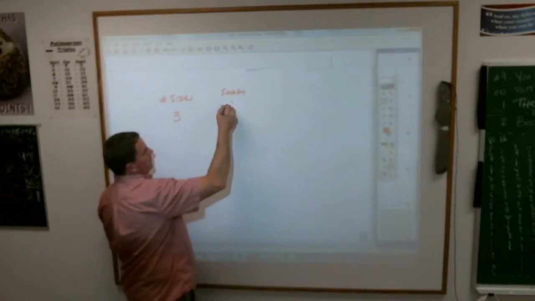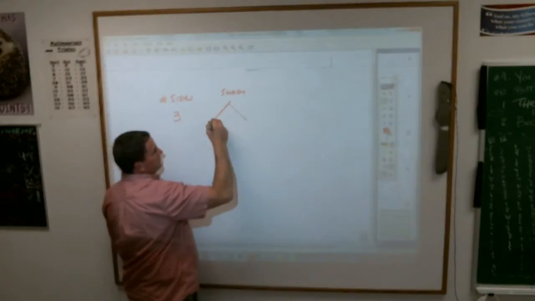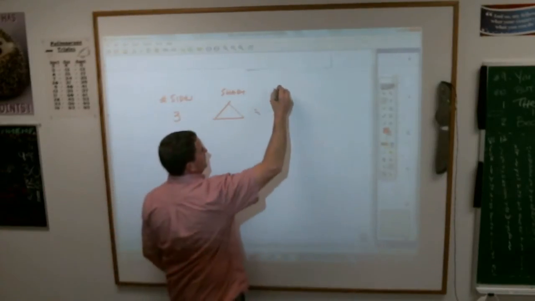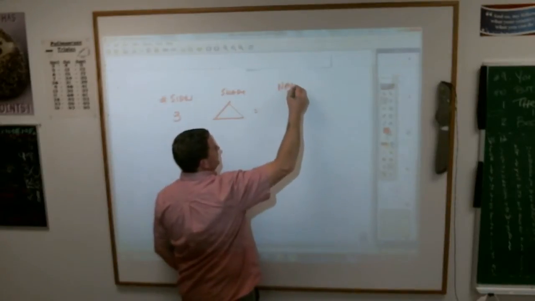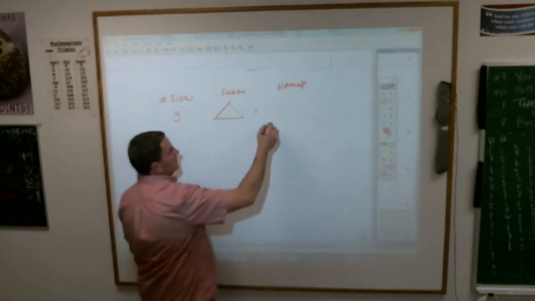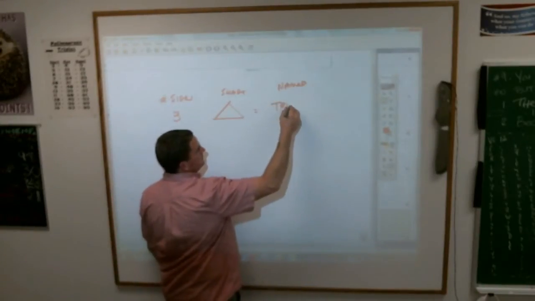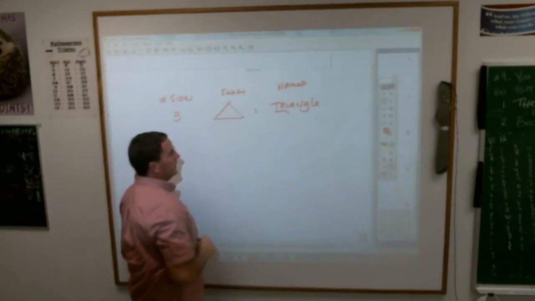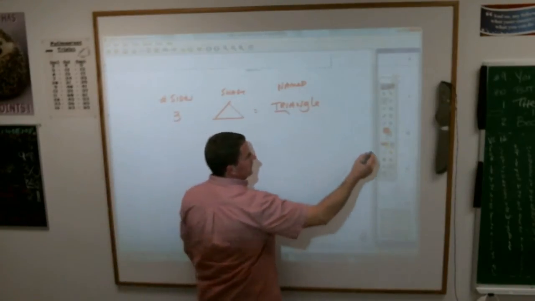Here you pick your pencil up off the paper all the time and you get nice straight lines. What is the name of a three-sided shape? It is a triangle. The word tri means three.